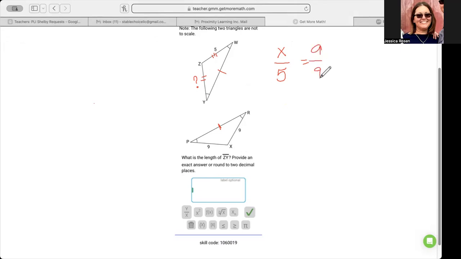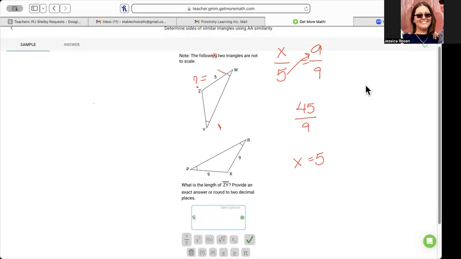So it's just going to be 9 over 9. And then again, we're going to cross multiply and divide by this number. So 9 times 5 is 45. And 45 divided by 9 gets me x equals 5. Okay. So again, it made sense that they're going to be the same, but that's mathematically how we're going to do it. Didn't want to make another mistake in front of you.